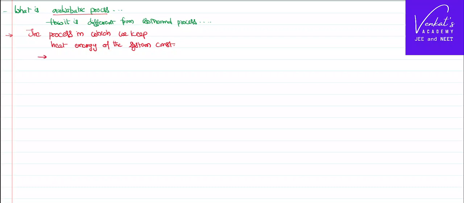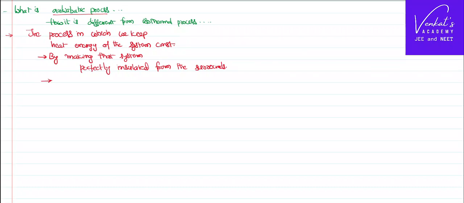How was that done? By making that system, adiabatic system, perfectly insulated from the surroundings. Perfectly insulated from the surroundings. That means we don't allow any of the heat energy to either come in or go out. It is perfectly blocked from the surroundings.